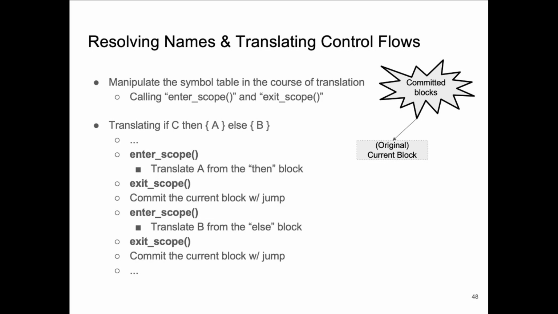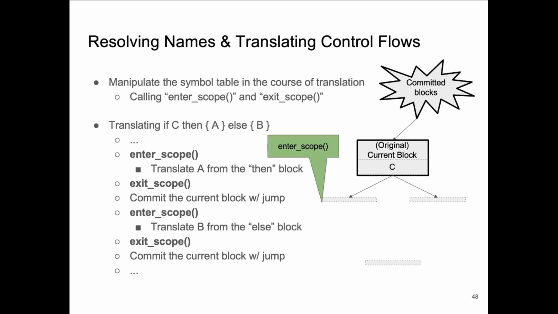Recall that if-then-else is translated like this. You first translate C and you create two blocks for the then and else branches, and then you finish and commit the current block, and you create another block that is meant to be the continuation, and you translate A. But before translating A, you first enter the scope and create a new layer in the symbol table, and then translate A in the then block, and then exit the scope.